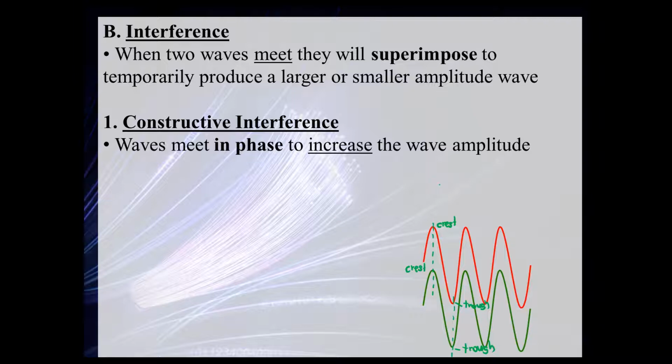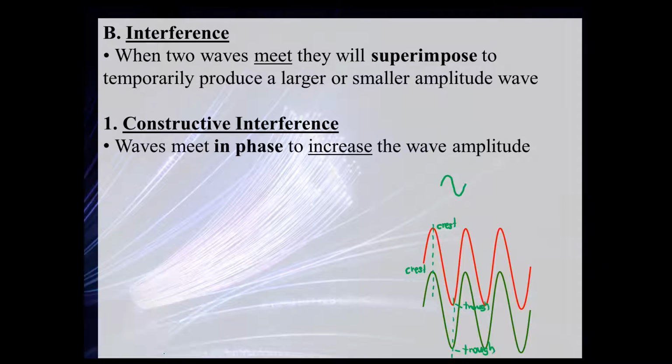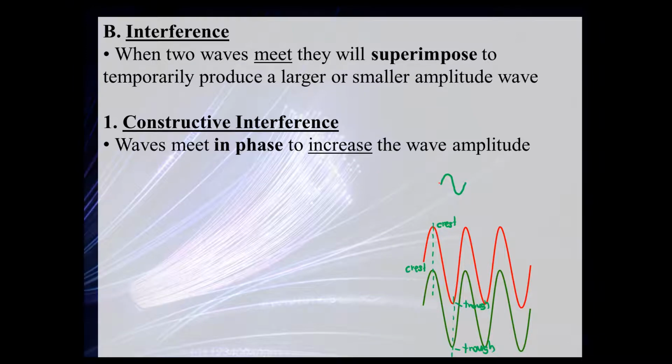So for example, let's say we had a little tiny wave like this, and then I'm going to overlap it with a different color, with this red one. And if we drew these superimposed waves, you just add all your amplitudes together. So basically, crest plus crest would give you twice the crest, so you get a really big crest.